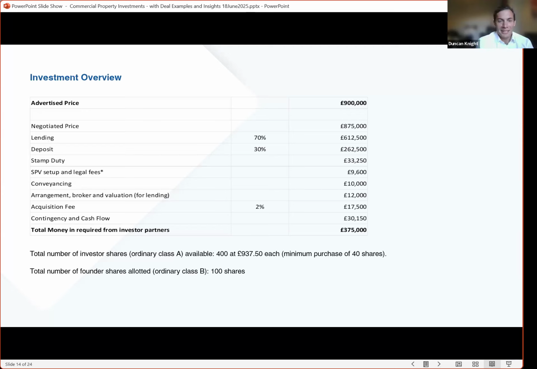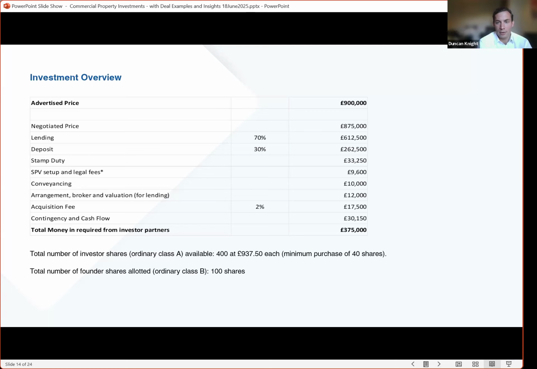Yeah. So you can see here the loan to value that we typically adopt. There is some movement on this if required, but we typically fix at 70% LTV.